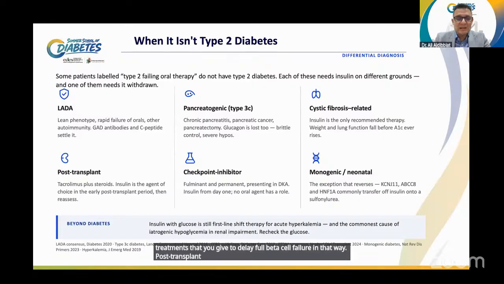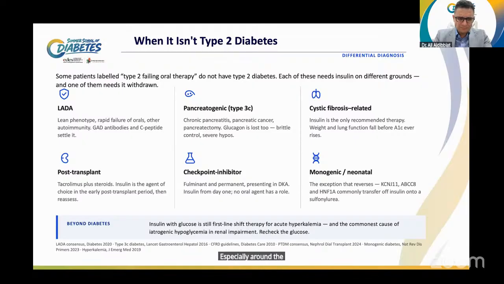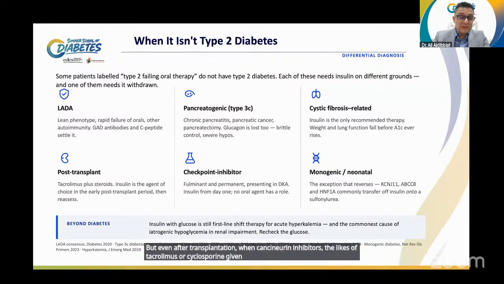Post-transplant diabetes: around the transplant time, the safest treatment for glycemia is insulin, especially around the perioperative time. But even after transplantation, when calcineurin inhibitors, the likes of tacrolimus or cyclosporin, are given in addition to steroids, a lot of patients without even diabetes develop post-transplant diabetes.